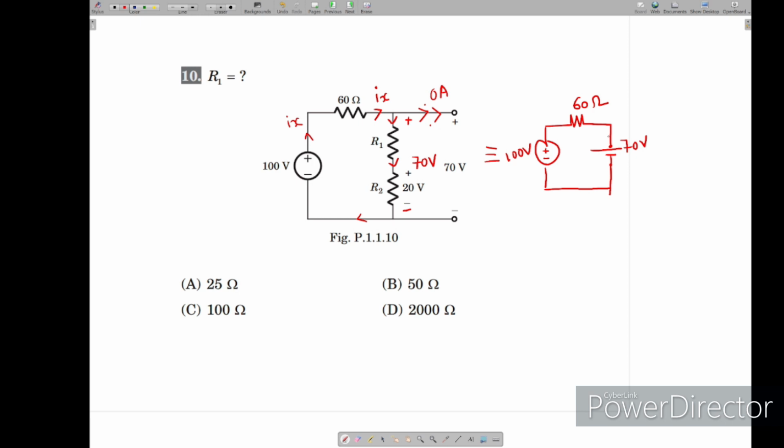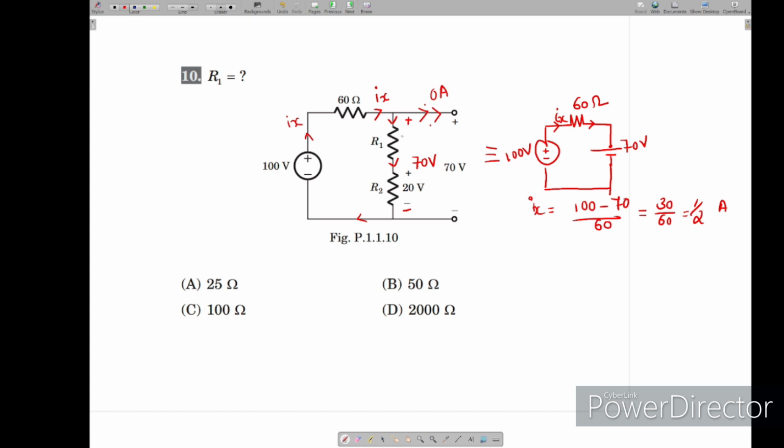So now 100 minus 70, 30 by 60. For simplicity, I replaced the whole R1 R2 with a 70 volt source, open circuited. So now we have Ix equal to 100 minus 70 divided by 60, which comes to 1 by 2 amps.